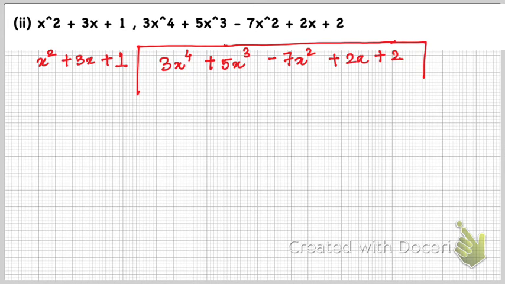Now here both the polynomials are already in the ascending order of their exponents. So the first term here is x square, and here the first term is 3x to the power 4. So multiplying g(x) with 3x square, what do we get? We will check.